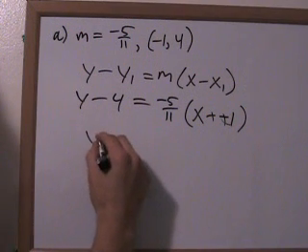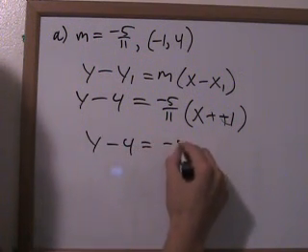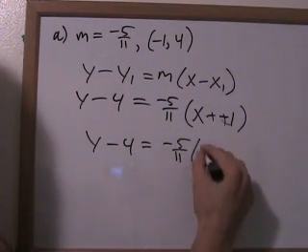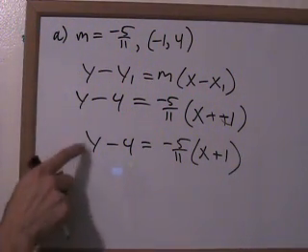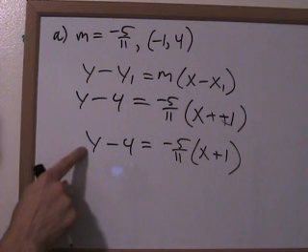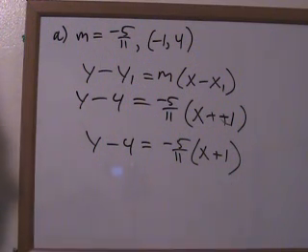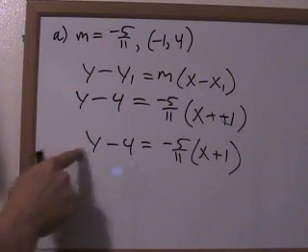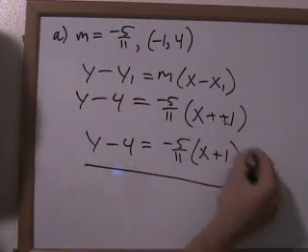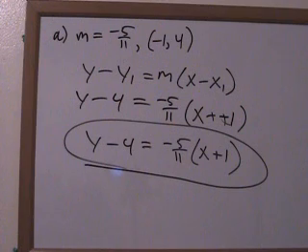This is just y minus 4 equals negative 5/11 times x plus 1. Now, I'm not sure how picky your teacher is, but this is an equation, and it is not in y equals mx plus b form. To turn this into y equals mx plus b, you'd have to do a couple more steps. But if this is acceptable, then that's your answer. It's an equation, and it satisfies the requirements for part A. So for part A, this is what I would submit.